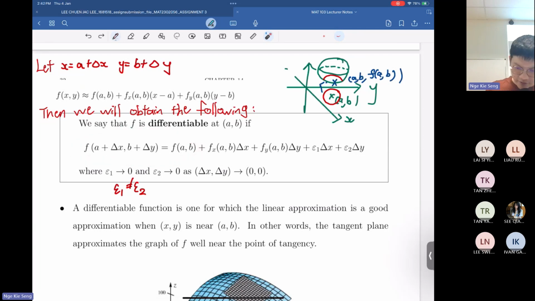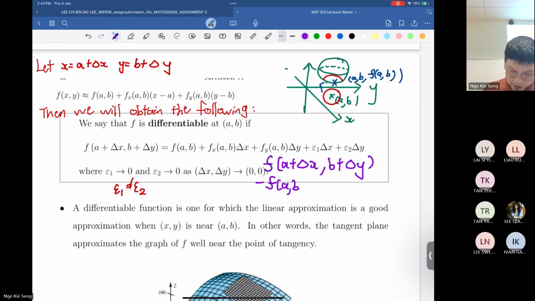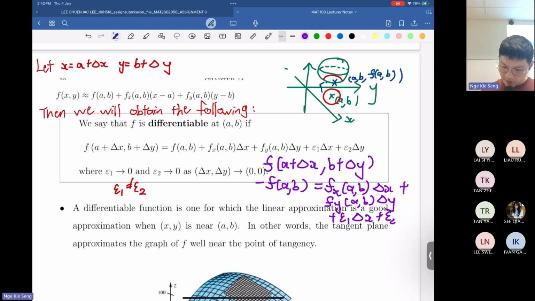So okay, I can rewrite this equation into f(a + delta x, b + delta y) minus f(a,b) equals fx(a,b) delta x plus fy(a,b) delta y plus epsilon 1 delta x plus epsilon 2 delta y.